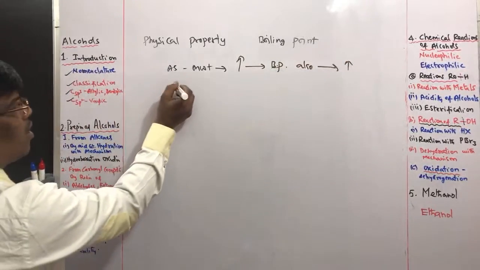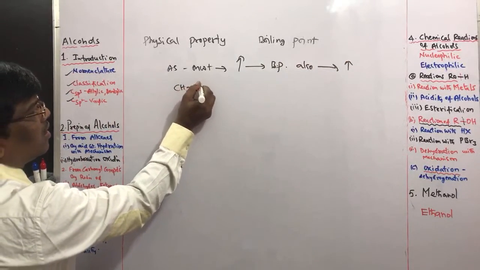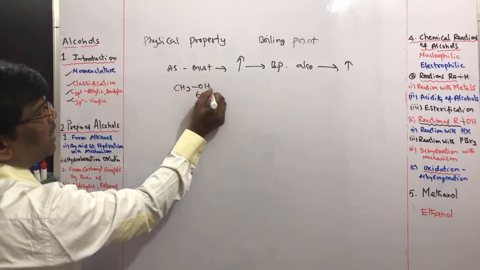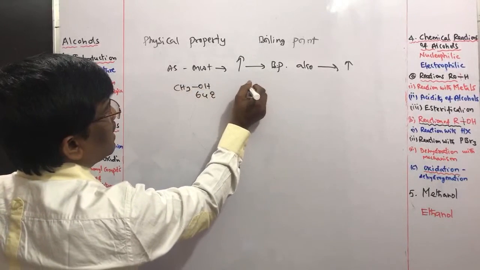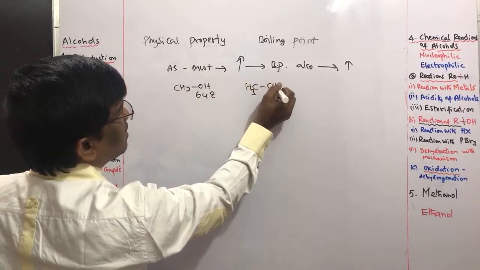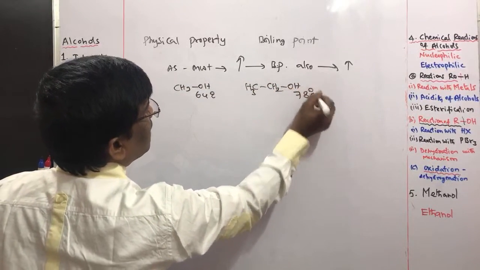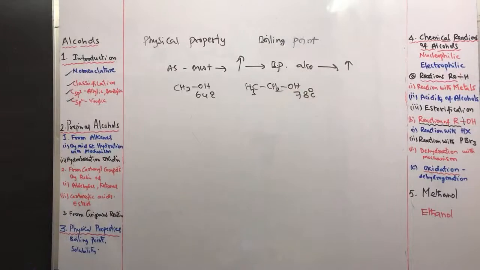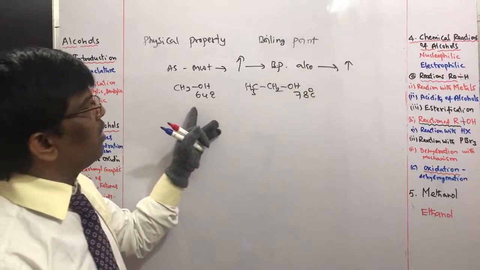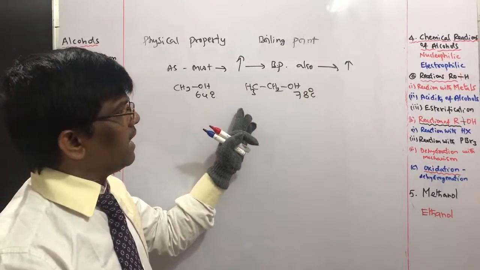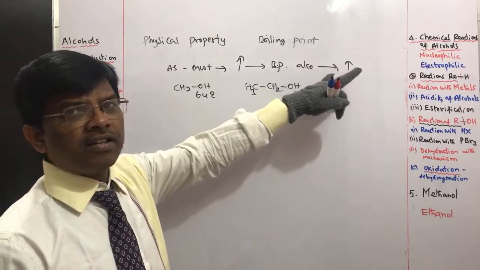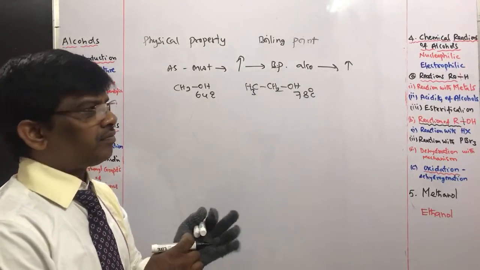For example, methanol is 64 degrees centigrade, CH3OH, and ethanol CH3CH2OH is 78 degrees centigrade. So as the molecular weight of alcohol increases, boiling point also increases.